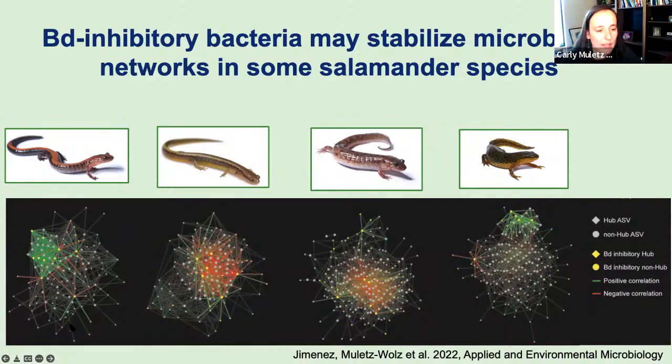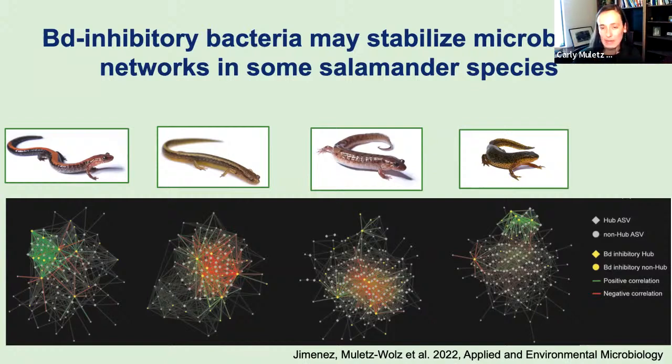Let's look at the first one, the redback salamanders network. These networks are built off of, I can't remember the sample size of the redbacks, but let's say 20 redback salamanders.